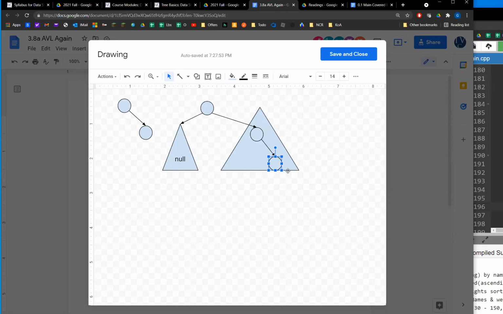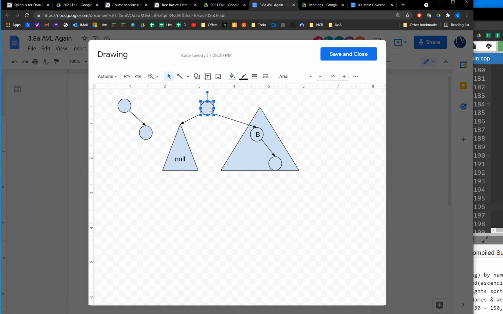This leaf was our newest node. It was inserted into the right subtree. The right node is reporting the heights being out of balance. Remember, AVL is a height balanced mechanic. Since we went right, right, right, single rotation of this node, which we're calling beta.